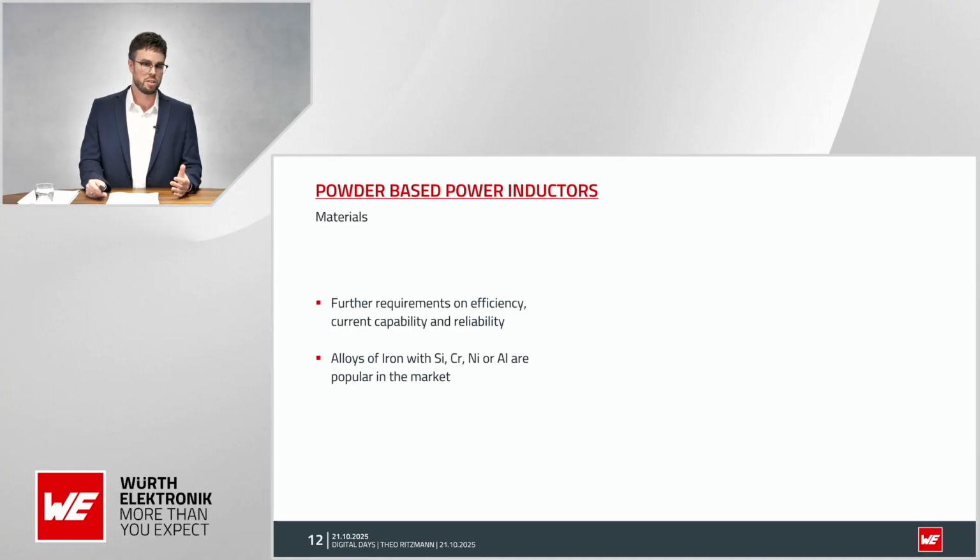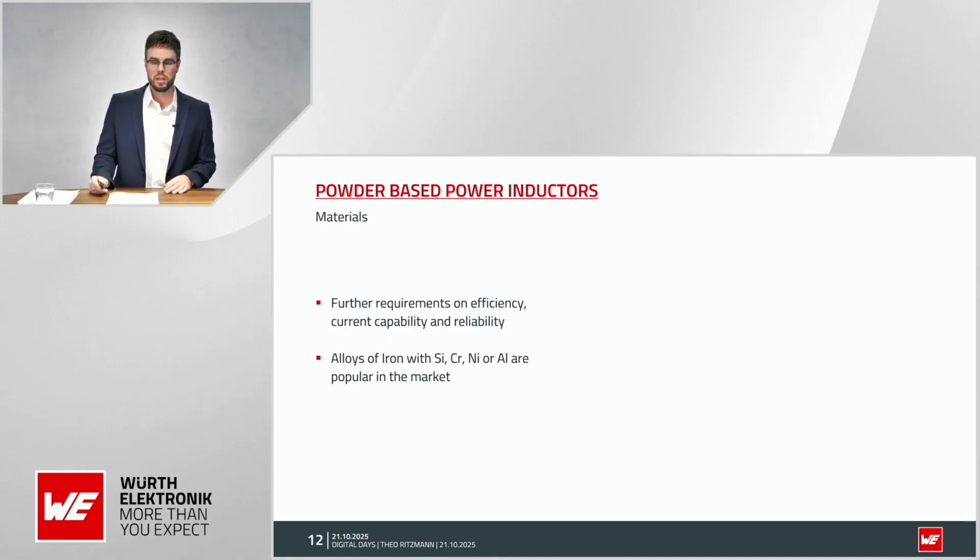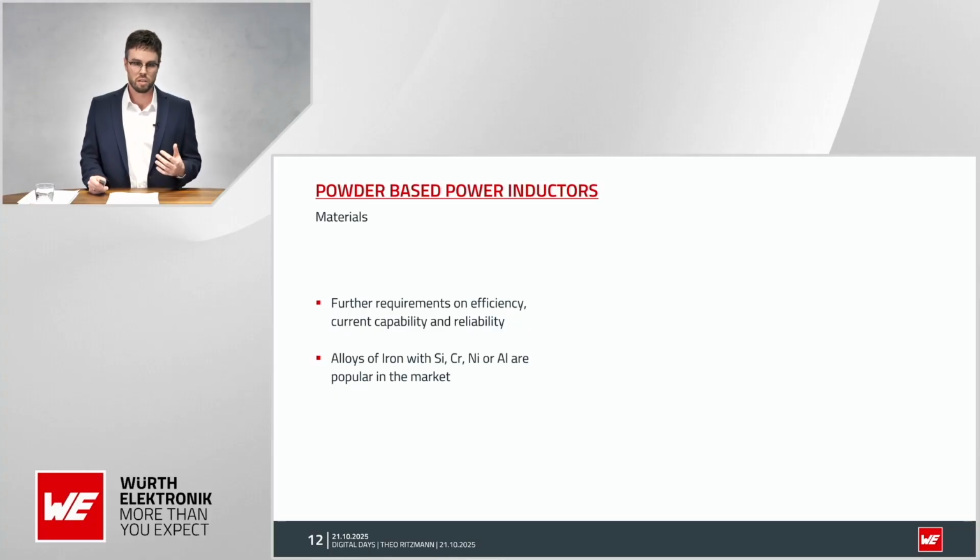Therefore, the alloys became more and more popular. So not the pure iron anymore, but an iron alloy with silicon, chromium, nickel, or aluminium became more and more popular. And there's actually also a difference between these pre-pressed cores for assembly and the molding materials regarding these materials.